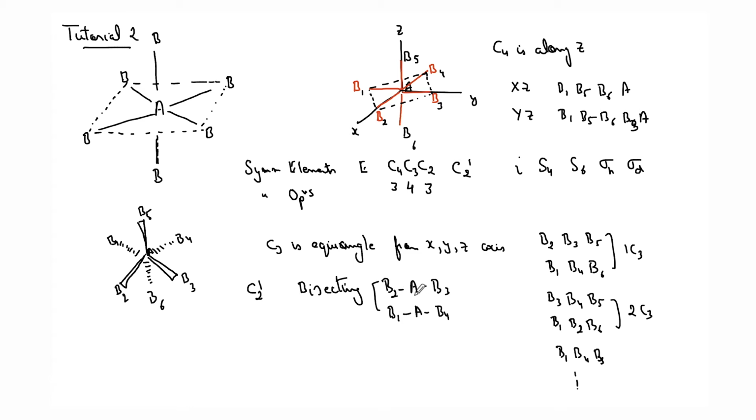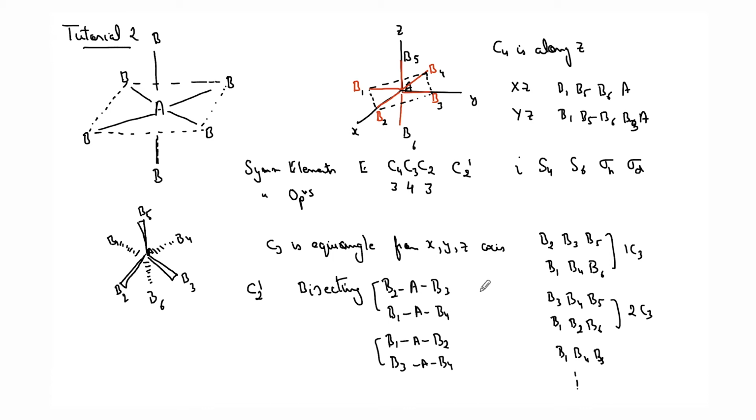Now let's also find another such pair. So you have B1A, B2, B3A, B4. So these are the angles which this C2 prime is bisecting. Now this is one, this is one. Similarly, you have one going in XZ plane.